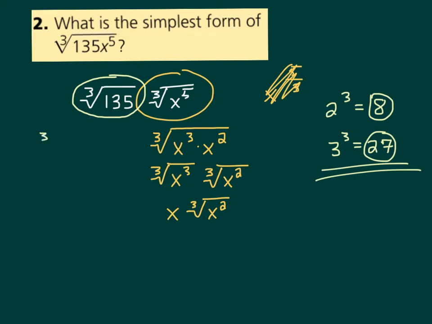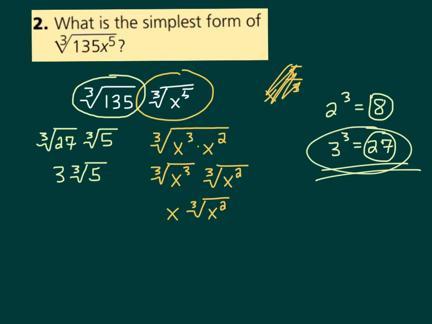It's the cubed root of 27 times the cubed root of 5. So the cubed root of 27, as we can see here, is 3. So we have 3 times the cubed root of 5.